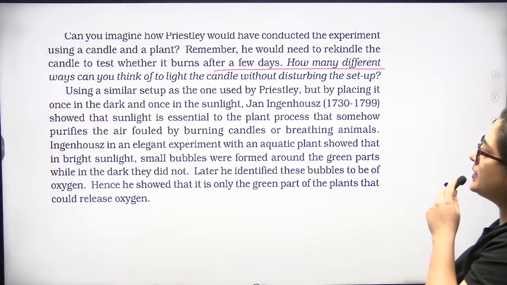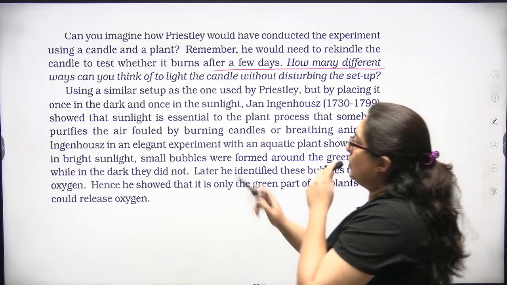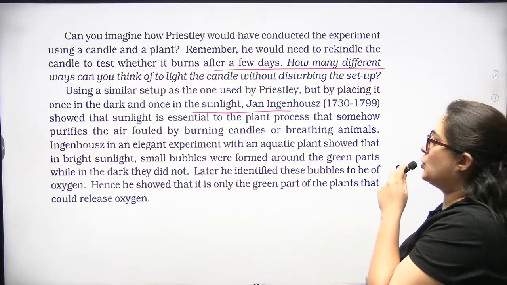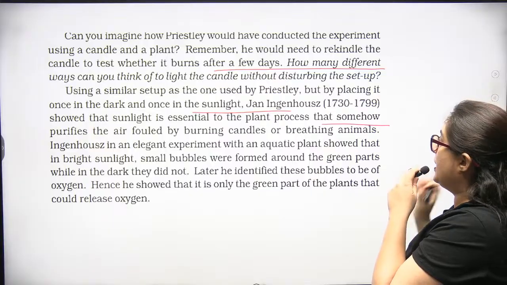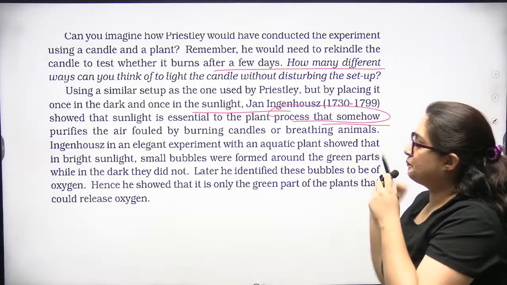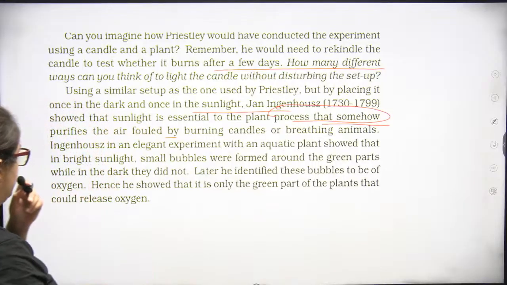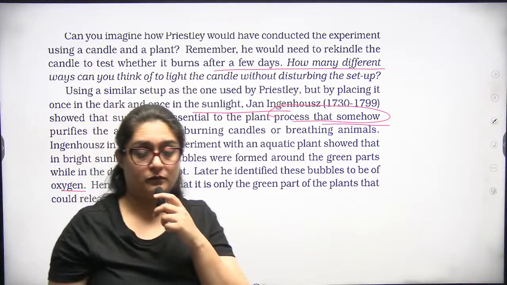Now, using a similar setup, but by placing it once in the dark and once in the sunlight, Jan Ingenhousz showed that sunlight is essential to the plant process. It purifies the air fouled by burning candles. Later he identified these bubbles to be oxygen.